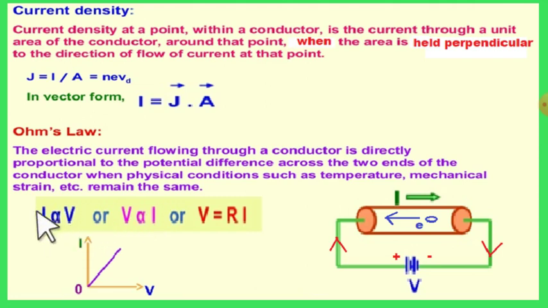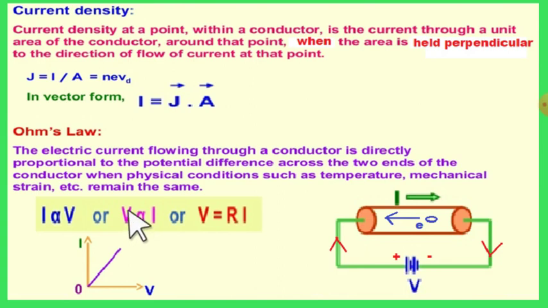While writing the statement, we may write like this, but mathematically we have to write that V is directly proportional to I, because a difference in potential creates current, not a difference in current creating potential difference. Got it? Depending upon the difference in height, the flow of water from a higher level to a lower level also changes, right?